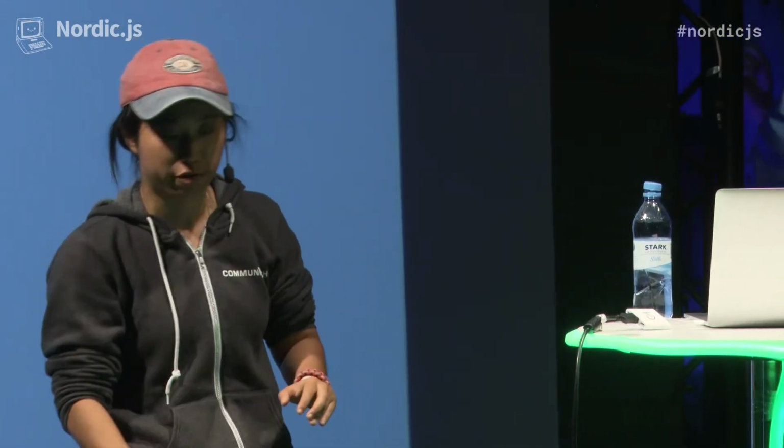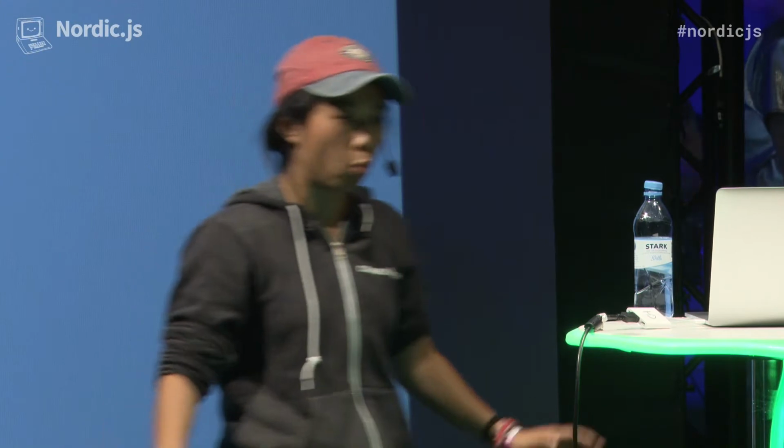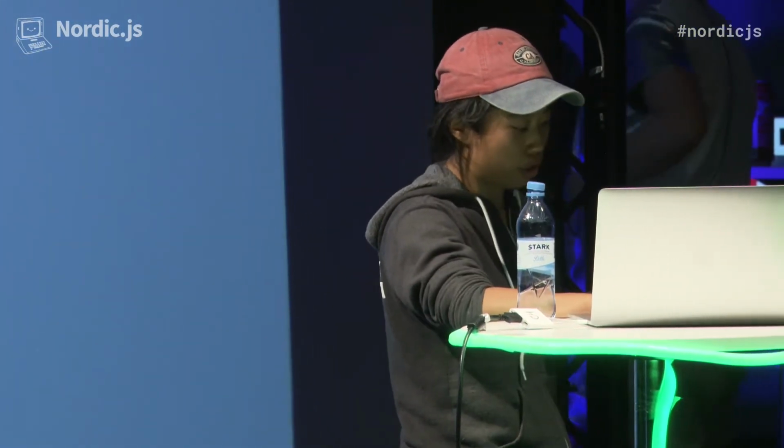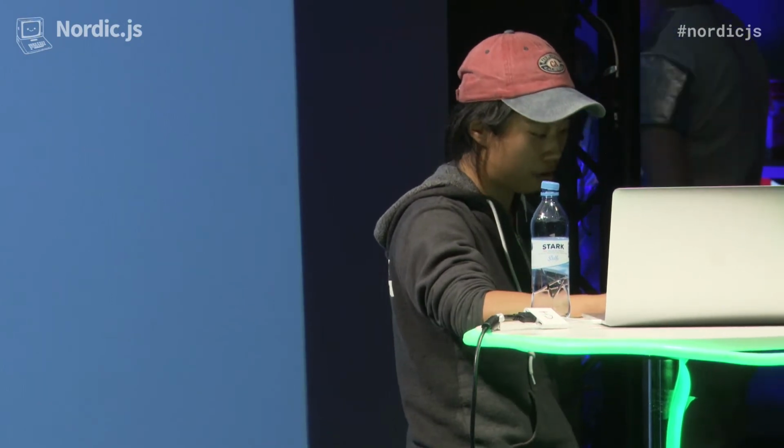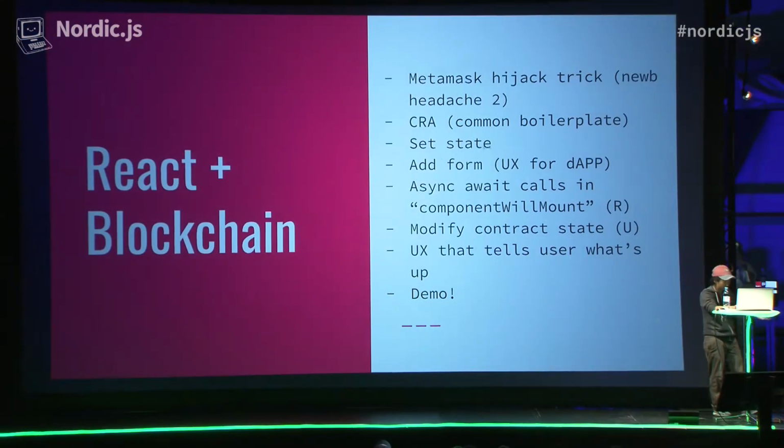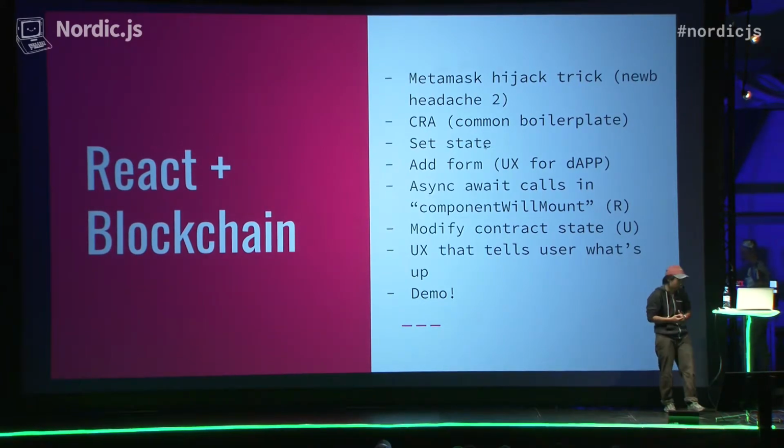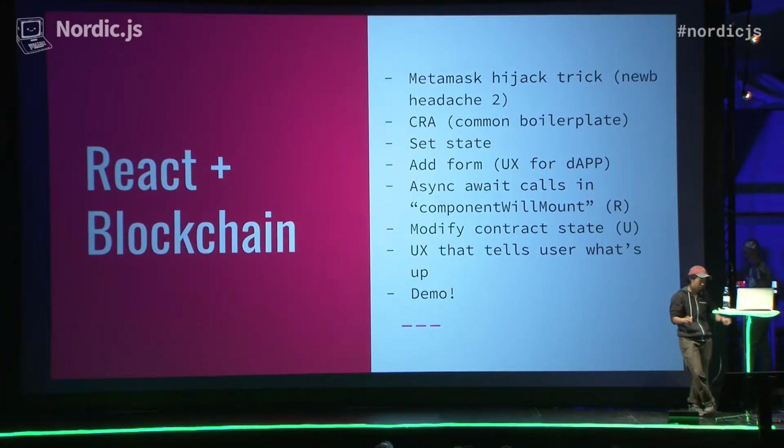So what we're going to do is be sneaky, and steal that version of the provider, which will basically work out of the box. And then the next thing we're going to do is make a create React app, which the code has already done. We're going to set the states for the variables that we're going to try to get from the blockchain. And then we're going to make this little form in the create React app such that we can interact with the decentralized application.